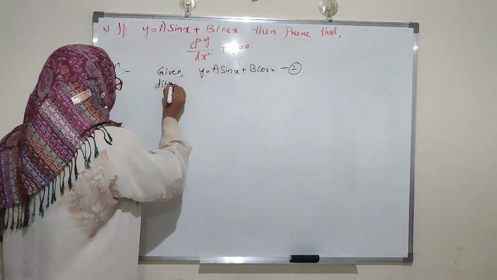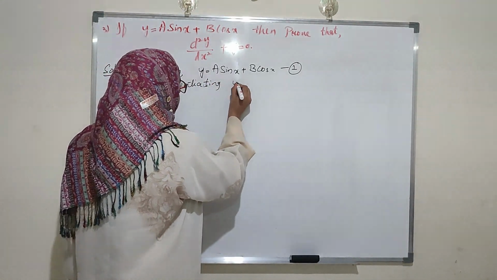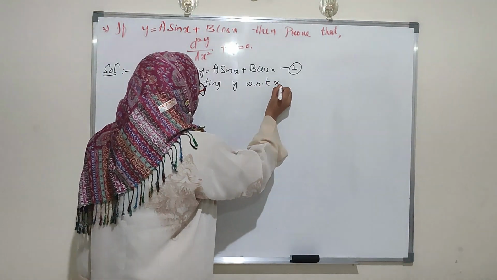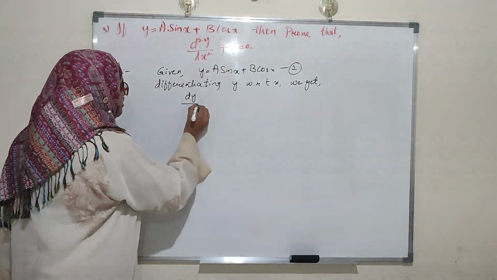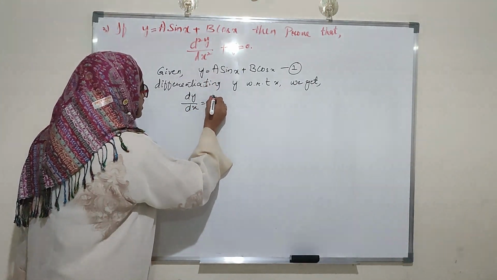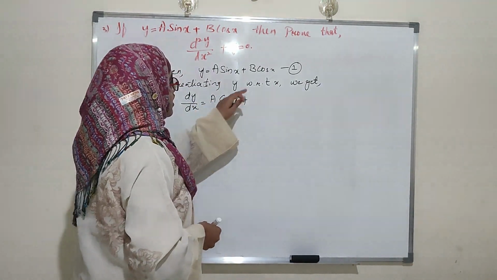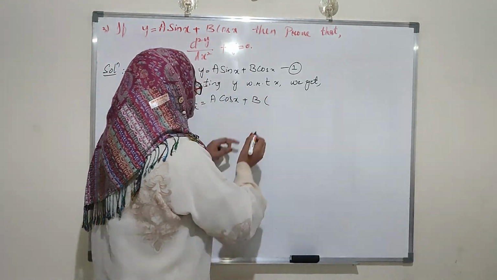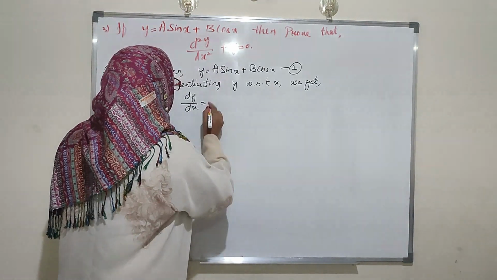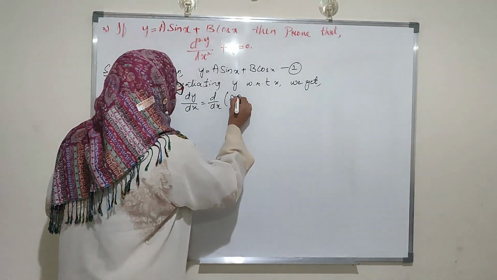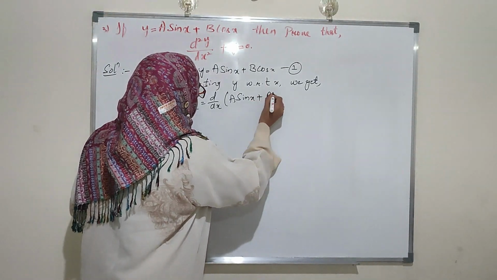Differentiating y with respect to x, we get dy by dx is equal to, keep a as constant, write a as it is, differentiation of sin x is cos x, plus b is constant, keep this as it is, differentiation of cos x is minus sin x.